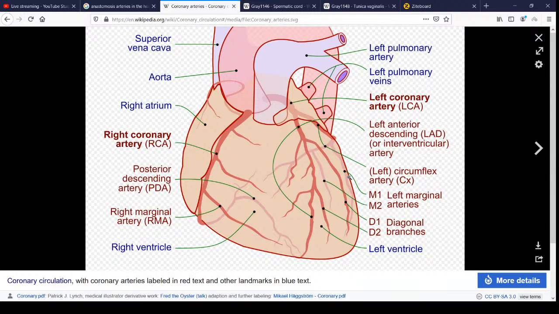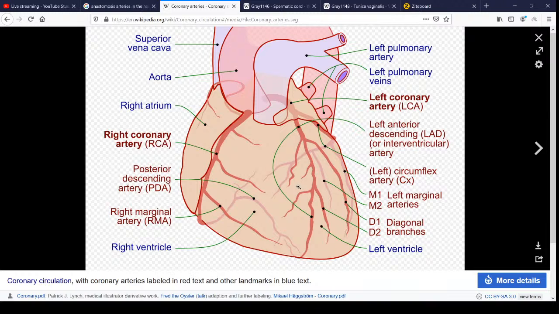Why is that done by nature? Suppose you have a blockage somewhere. If this is providing the blood there, and this is providing the blood there, the intensity of the myocardial infarction wouldn't be that great because you're not cutting blood supply completely. Suppose four arteries are providing blood to almost the same region.